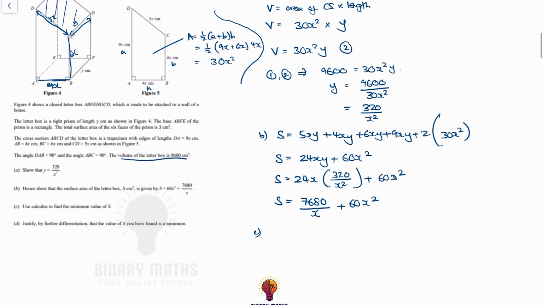Use calculus to find the minimum value of S. If you rewrite this, S is 7680x to the minus 1 plus 60x squared.